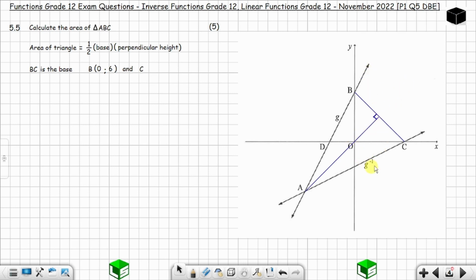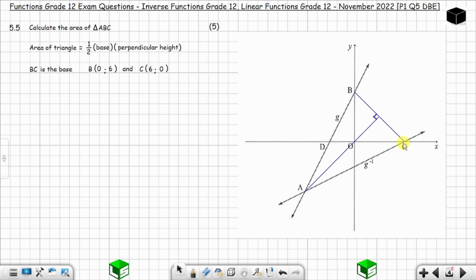If the line G is cutting the y-axis at 6, now the inverse of G is going to cut the x-axis at 6, because these two lines are inverses of each other and symmetric about the line y is equal to x. So the coordinates of C are going to be 6 and 0.